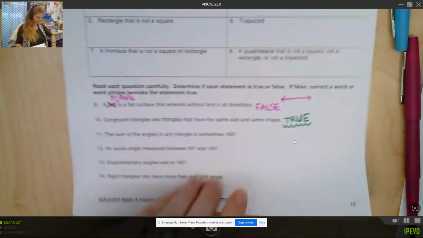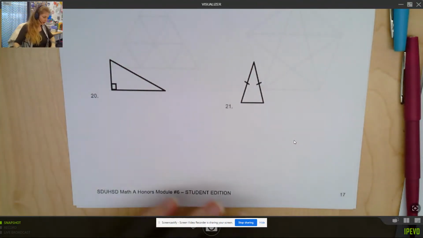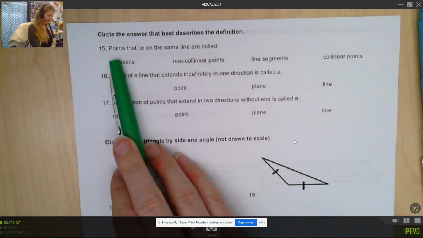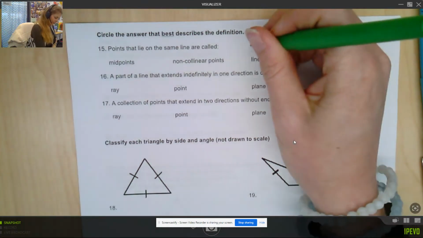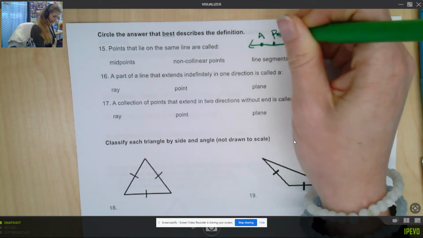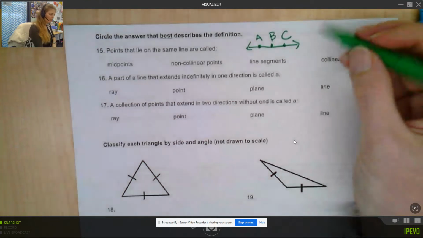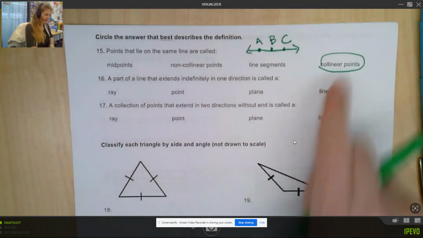Okay. So the next page talks about circling the answer that best describes the definition and then classifying the triangle by side and angle. So 15 says points that lie on the same line are called, and sometimes drawing a picture can be helpful. So maybe if we had A, B, C here, so these 3 points are called collinear. So they're like co-captains of the line, collinear.